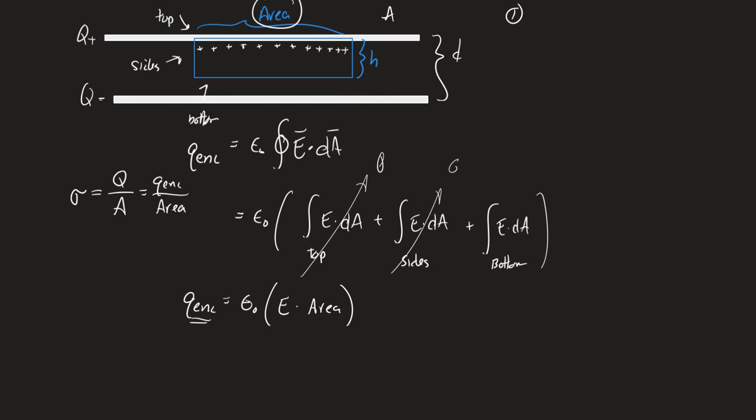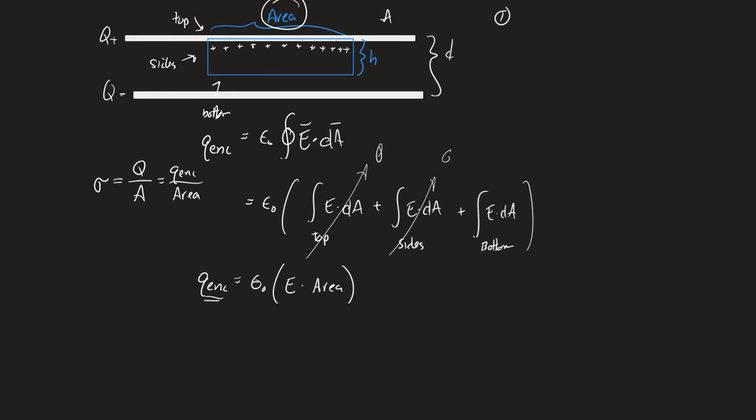You guys following along so far? I mean, we've done this problem before, so I kind of feel like I can hurry us along. But I'm going to take this and use it here for Q enclosed.